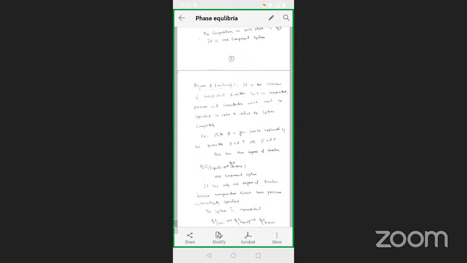For example, state of a gas can be explained by the variables pressure and temperature or pressure and volume. కాబట్టి వీటిని ఏమంటాము? డిగ్రీస్ ఆఫ్ ఫ్రీడమ్. వీటిని డిగ్రీస్ ఆఫ్ ఫ్రీడమ్ అంటాం మనము. సో విచ్ ఆర్ వేరియబుల్స్, ఇండిపెండెంట్ వేరియబుల్స్. టెంపరేచర్, ప్రెషర్, కాన్సంట్రేషన్ ఆర్ కాంపోజిషన్. ఇప్పుడు మనం ఏదైనా గ్యాస్ యొక్క స్టేట్ చెప్పాలంటే వేరియబుల్స్ వేటిని బట్టి చెప్పవచ్చు? ప్రెషర్ అండ్ టెంపరేచర్ ఆర్ ప్రెషర్ అండ్ వాల్యూమ్.